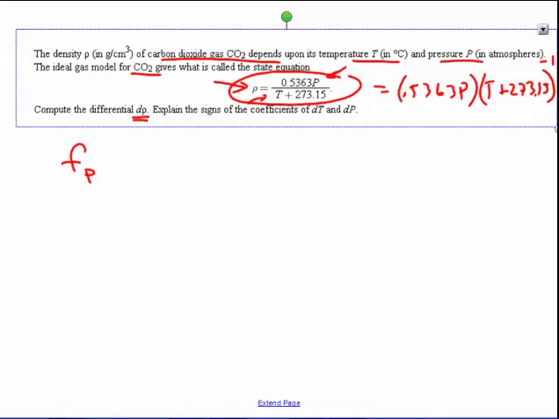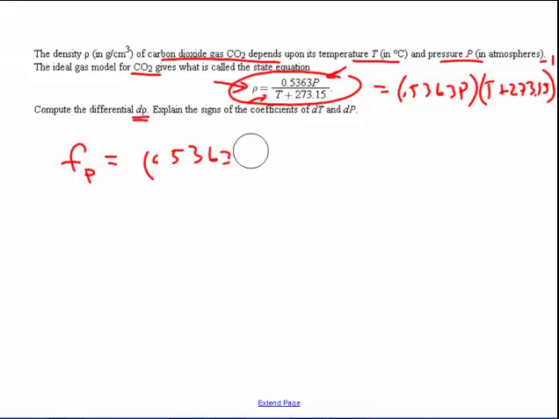So the partial derivative with respect to p, that's just going to be 0.5363, no p, because we're taking the derivative and it's just linear, times (t plus 273.15) to the negative 1.